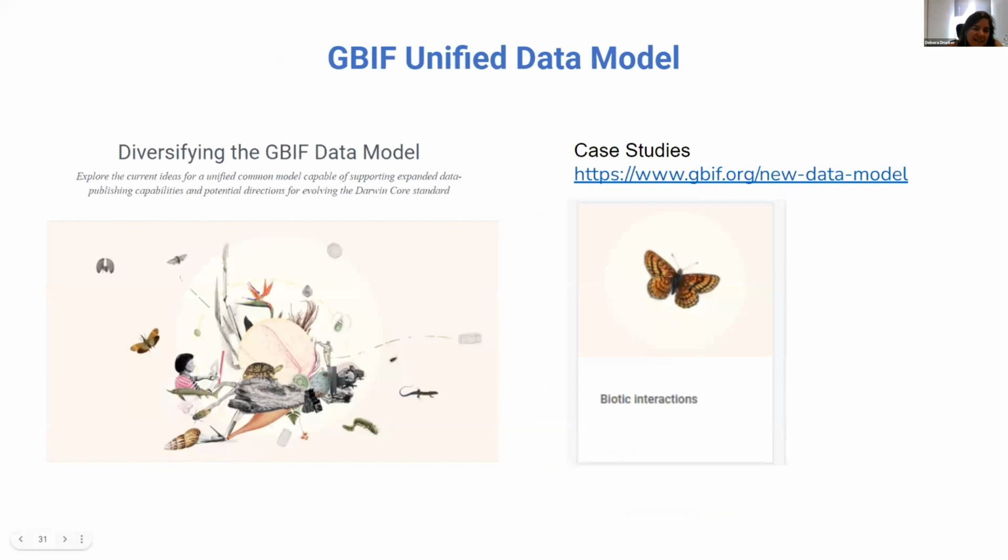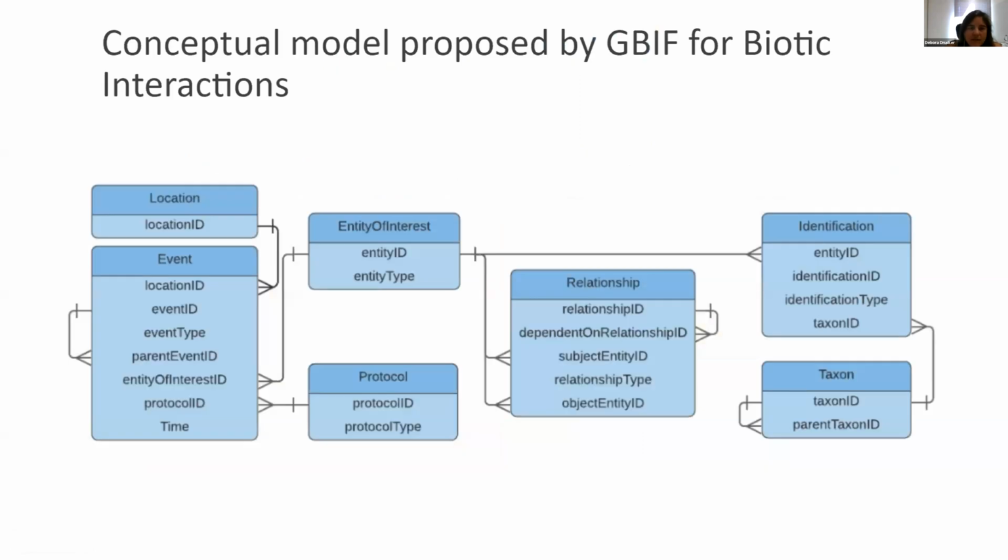And interestingly and timely, we have the GBIF working on the unified data model. And one of the approaches is on biotic interactions. And when we see the conceptual model that GBIF proposed for biotic interactions and for the unified model as a whole, event is also the basis.